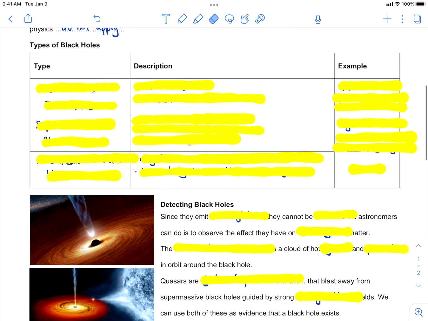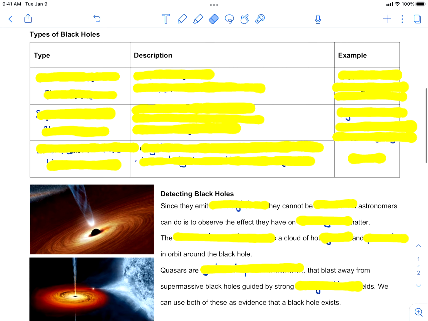There's a couple types of black holes. The first kind is probably the most common, and they're called stellar mass black holes. And these are the types of black holes that we've talked about before in a previous lesson, right? The mass of these is less than about 40 times the mass of the sun. So these are the smallest type of black holes. And this is what happens when a massive star goes supernova and then becomes a black hole.